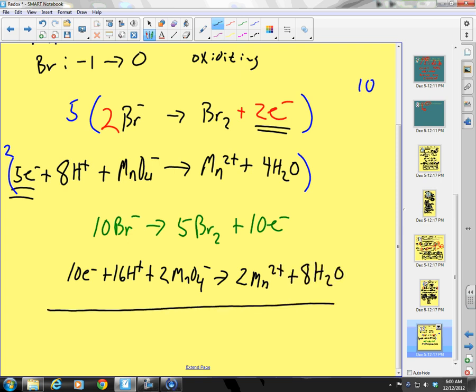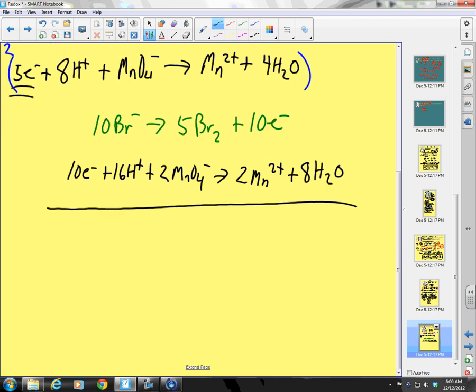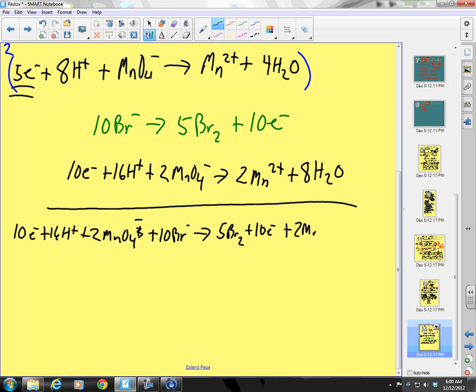Now, let us combine and simplify. So I have 10 electrons plus 16 H plus 2 permanganates, plus 10 bromides yield 5 bromines plus 10 electrons plus 2 manganeses plus 8 waters.